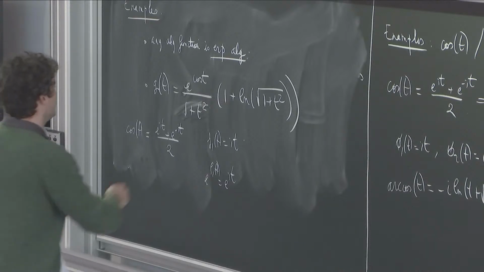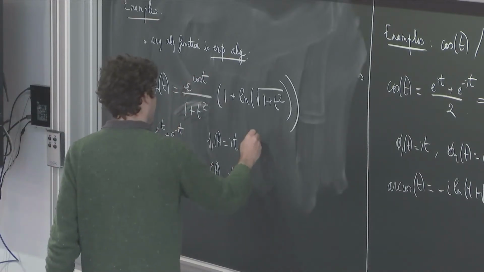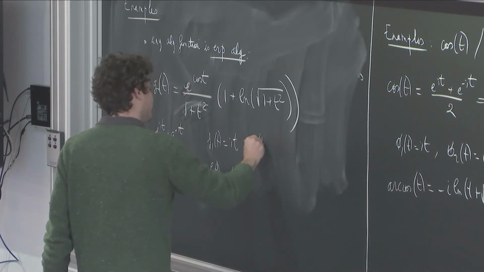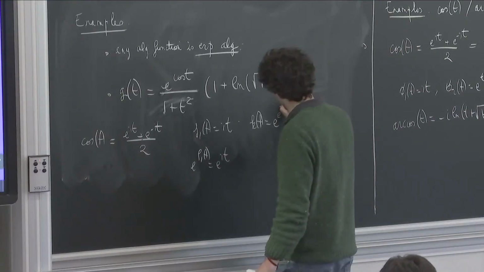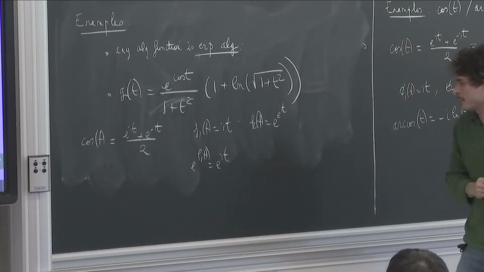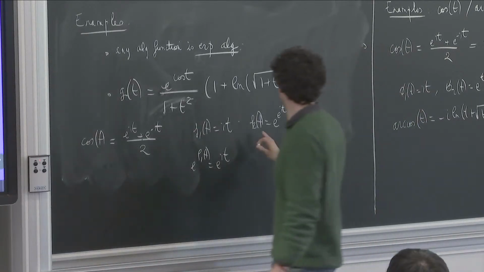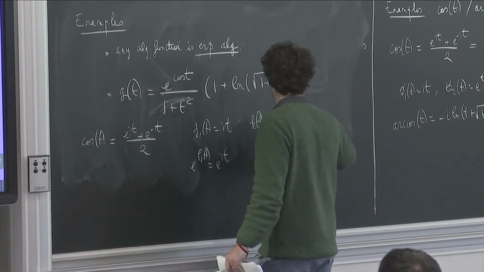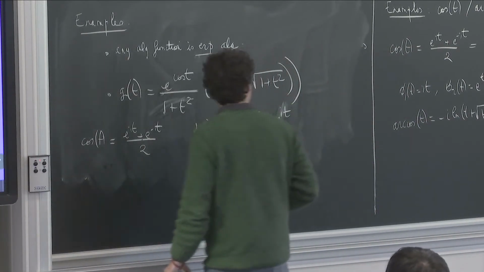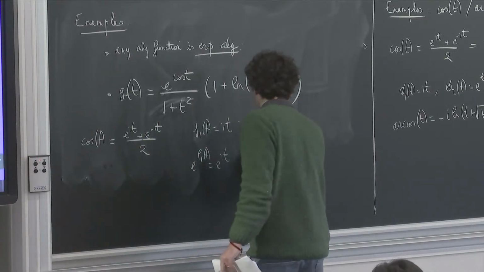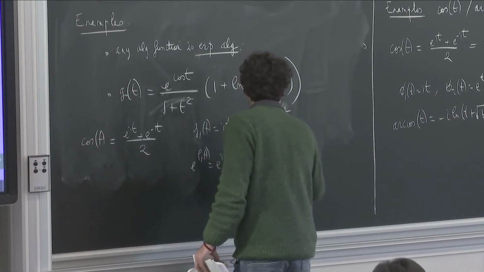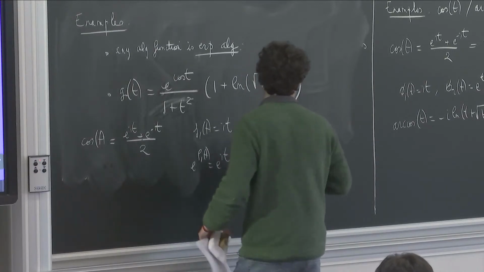But now I want to take the exponential of the cosine, so I'm going to add the function f2 of t, which is e to the power it, and whose exponential is e to the power e to the it.